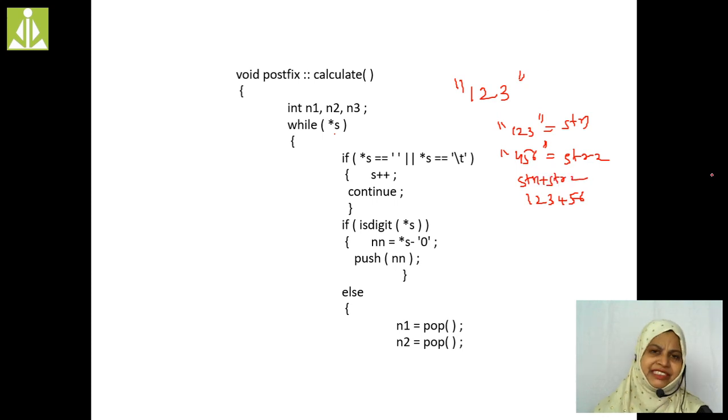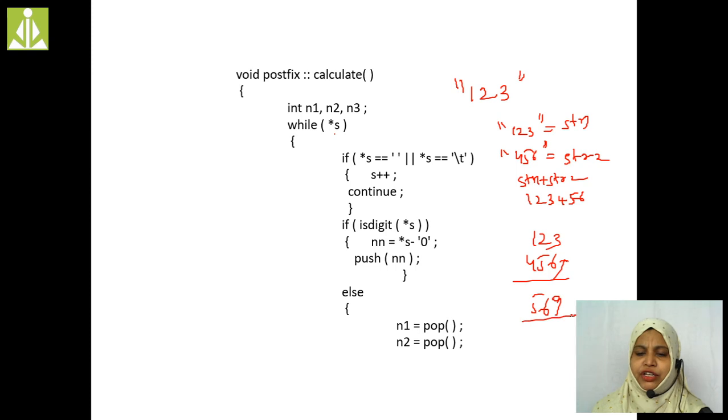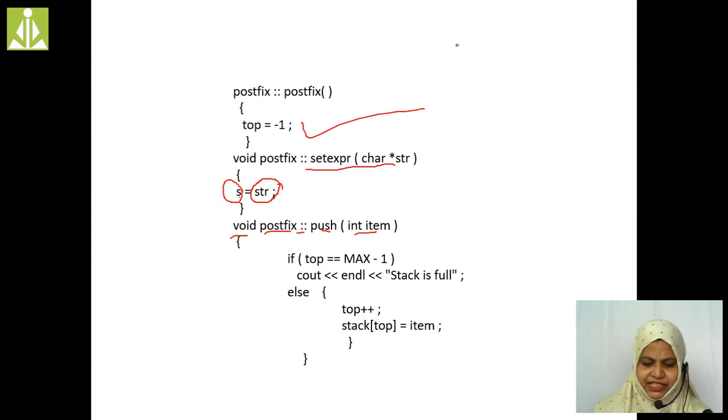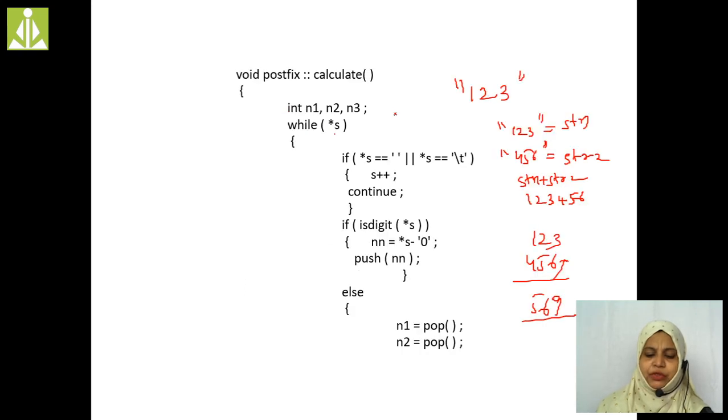If we represent these integers in terms of strings, and I want to perform the addition of 1 2 3 and 4 5 6, giving 5 7 9, how are you going to perform it? You have to declare these as integers, but in this case we are going to declare them as strings, so we have to convert those into digits.